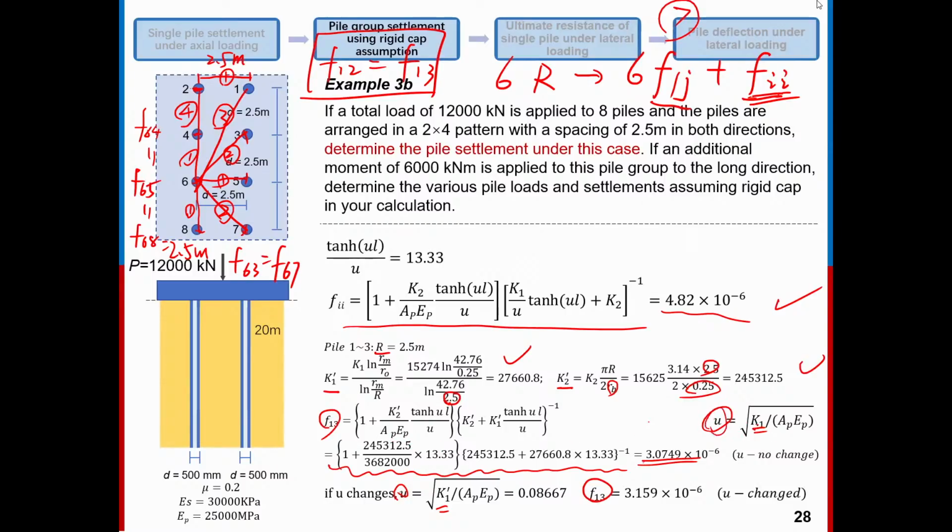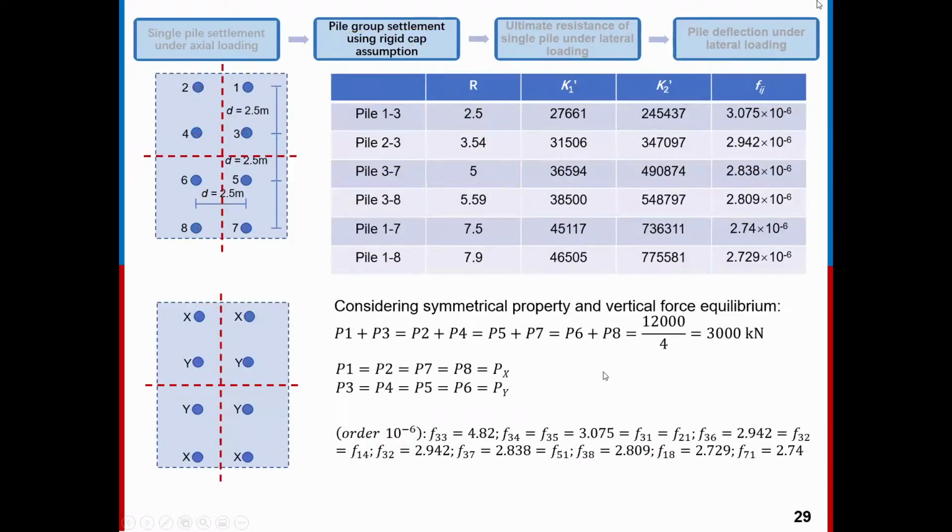So that's why we said it's not necessary to use K1 prime to calculate U. Because K1 using this equation is reasonably acceptable for determining F13, we just use this value to represent F13.